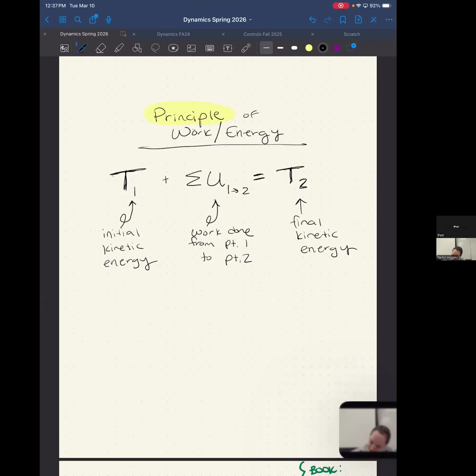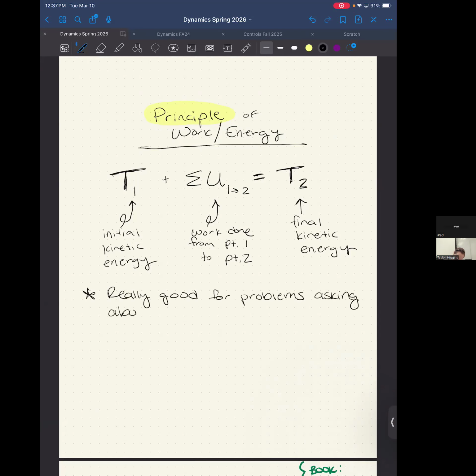So this equation is really good for problems asking about a change in velocity after some known change in displacement, or vice versa. We could be given the change in velocity and asked about the change in displacement.